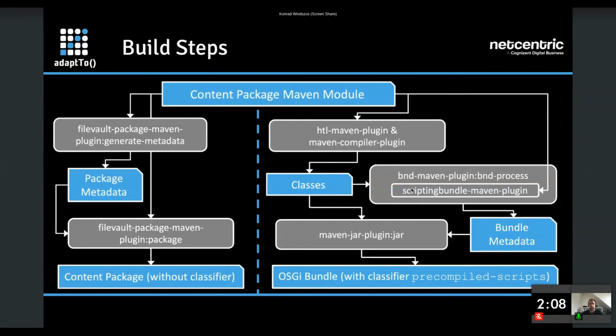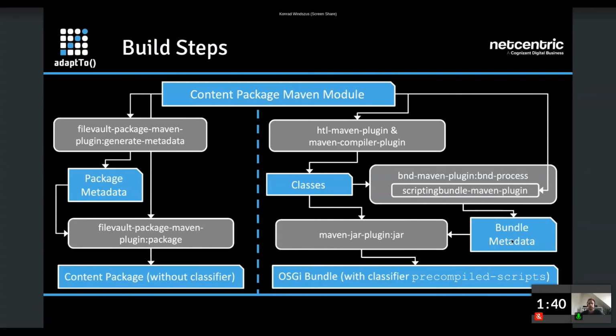There's one plugin for that, which is the scripting bundle Maven plugin. So despite the name, this can be used not only as a standalone Maven plugin, but also as a BND plugin. And this one acts not on the classes, but on the source files directly to figure out the capabilities, to generate the sling servlet capabilities.